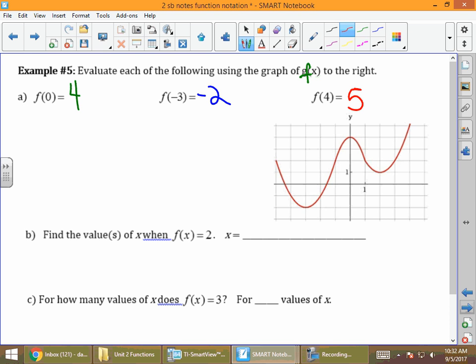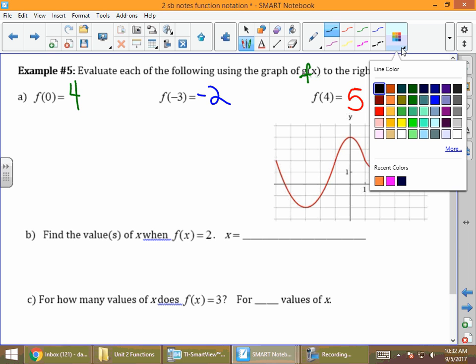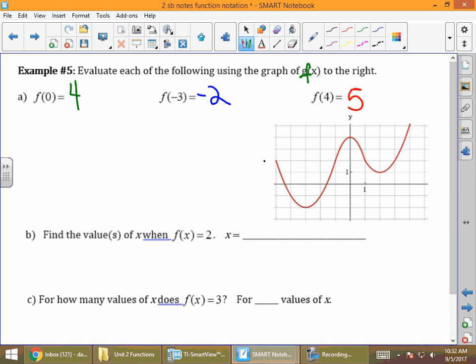Now, watch out on part B, because B is giving us an output. Find the values of x when f of x equals 2. So it's the y value is 2. And one thing that might be helpful for you, I don't want to use red here, but if the y value is 2, it's going to be here.